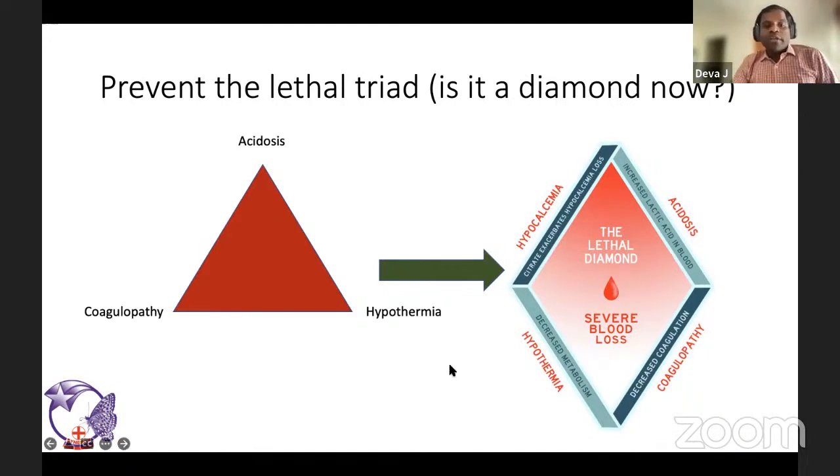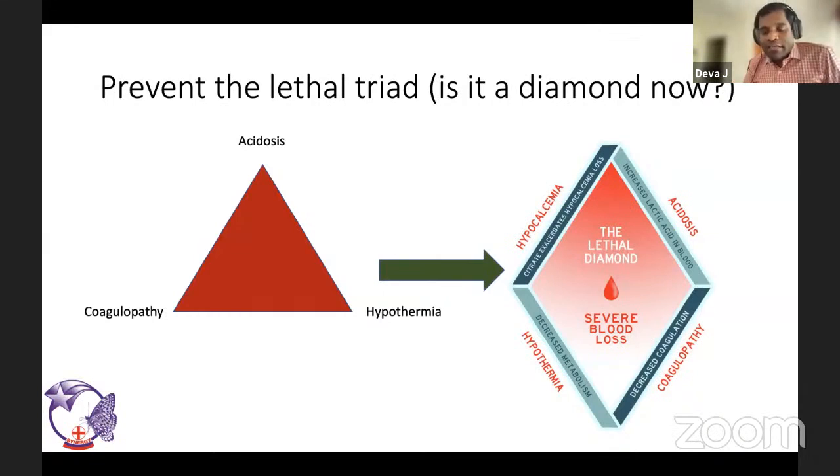So you have to be proactive in preventing this lethal triad. We used to talk about the lethal triad, but now there is a newer concept, and I'm not entirely sure whether it has taken up. I don't believe in this concept, but it is available for you to read about. The concept includes calcium as well, and they've changed the triad to a tetrad or a diamond: acidosis, coagulopathy, hypothermia, and hypocalcemia, especially when you are using lots and lots of blood products.